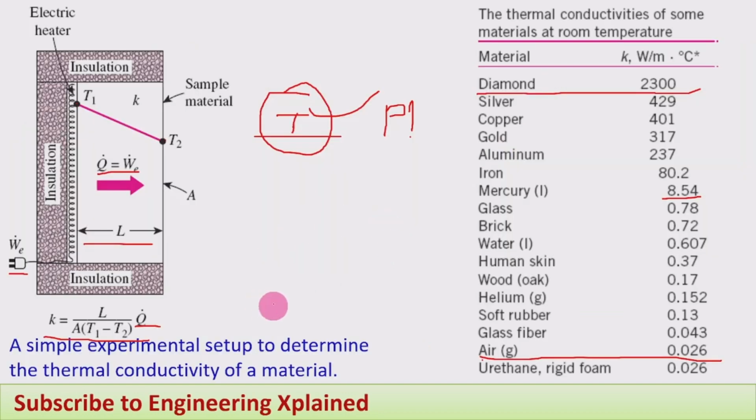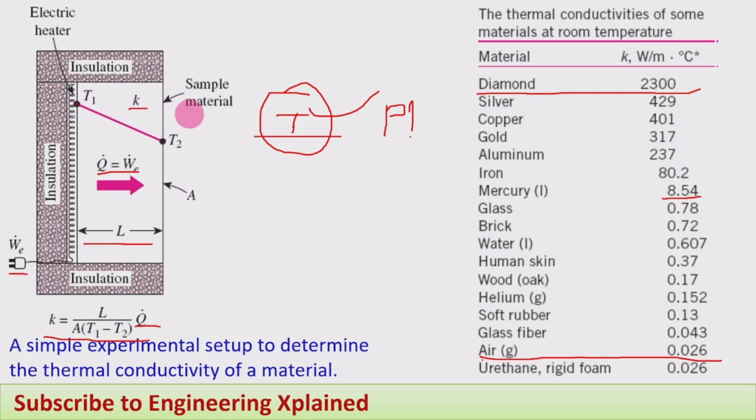Here is a simple experimental setup to determine the thermal conductivity of a material. The sample material, for which the thermal conductivity is to be determined, has the length L and surface area A, and the temperature at one surface is T1 and at the other surface T2.